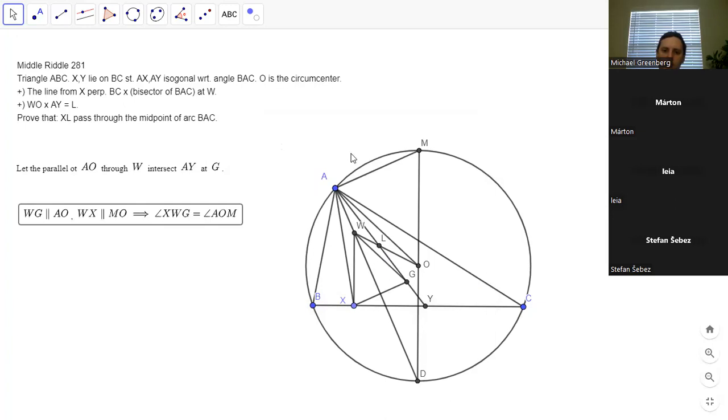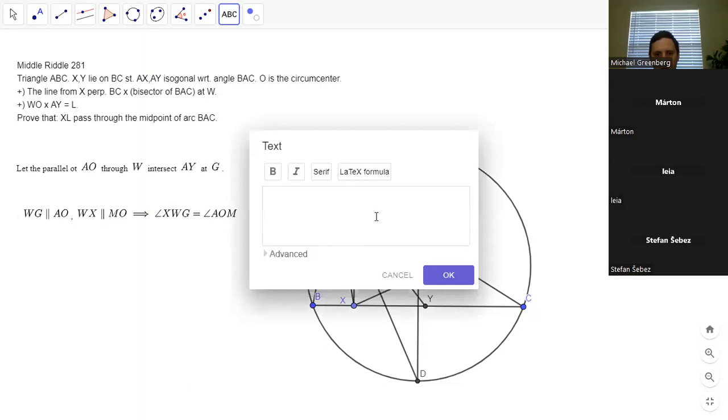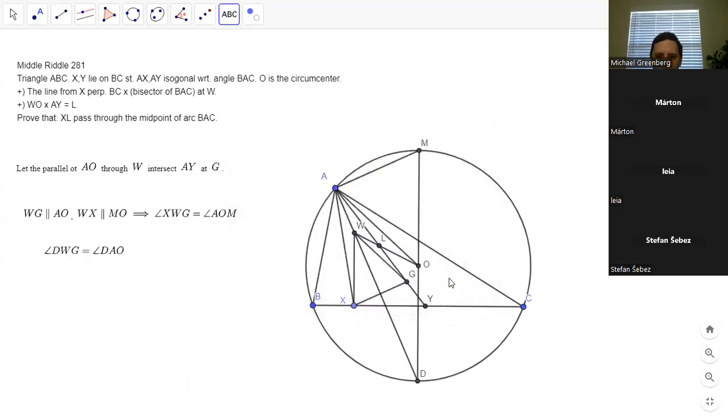So angle DWG is angle DAO, which we can then calculate is equal to this angle.